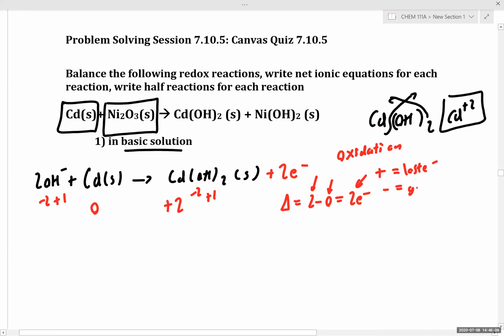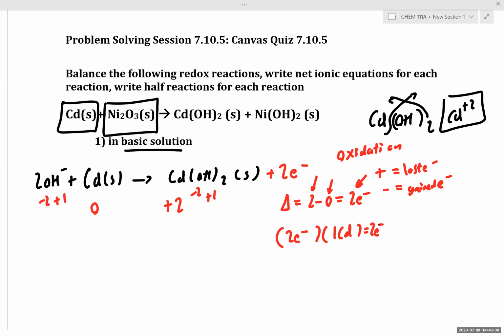If it's negative, that means we've gained electrons. You then take your number of electrons gained or lost per atom, and you multiply it by the number of atoms, in this case 1 cadmium, to give us the total number of electrons. Does that make sense?